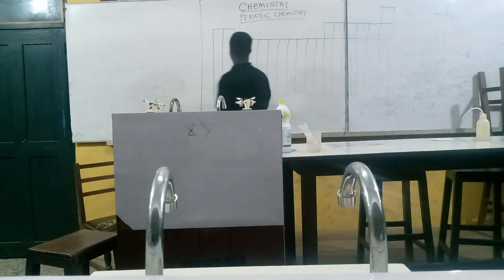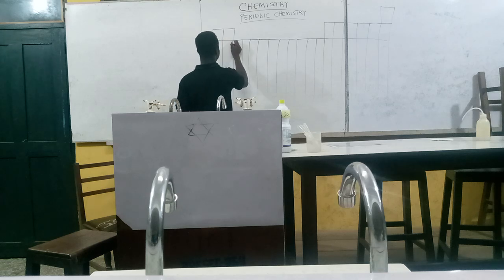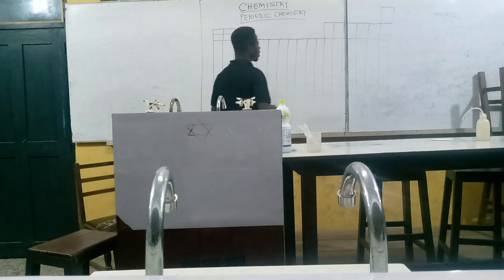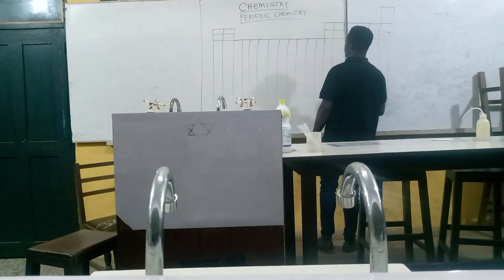This is how Dmitri Mendeleev, a Russian chemist, grouped the elements with the help of Henry Moseley. This is how they grouped the elements into what we call the modern periodic table.